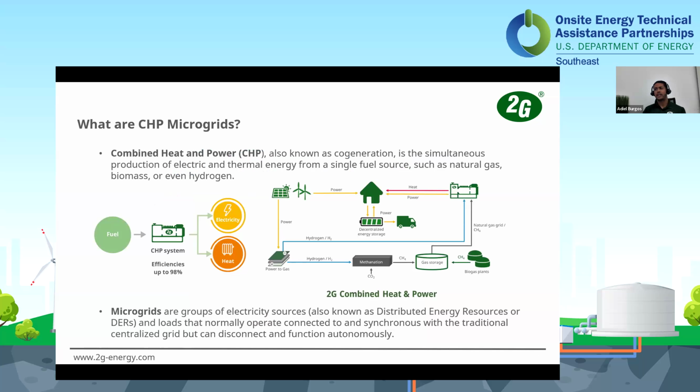We already have a few projects down here where we're doing microgrids. This is where it's making sense as a solution for this area. So 2G as a company focuses on the engine and cogeneration.